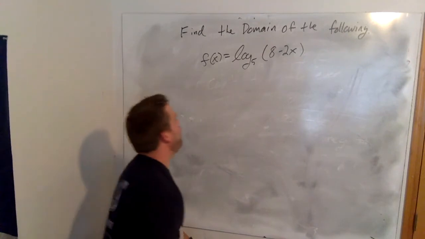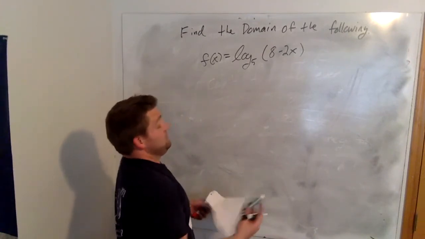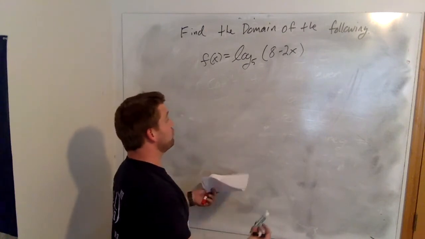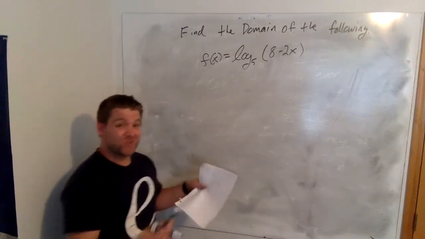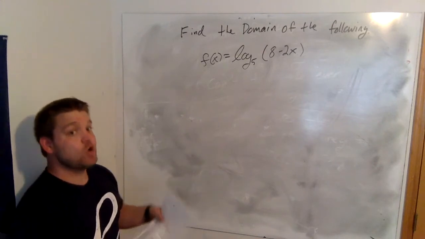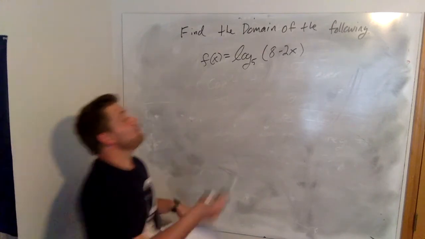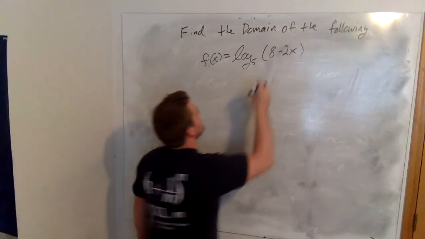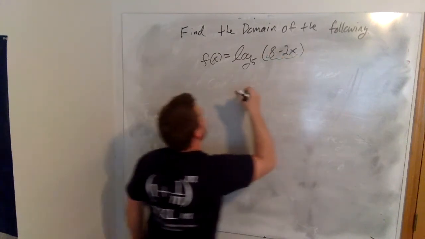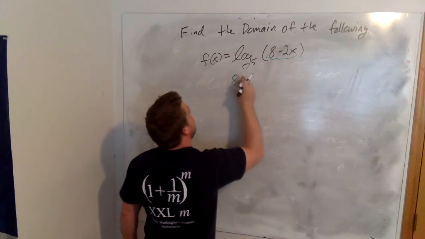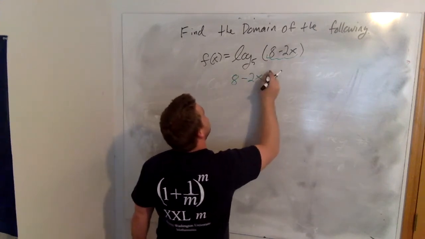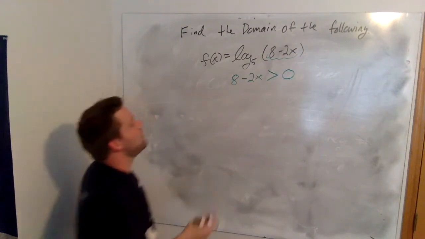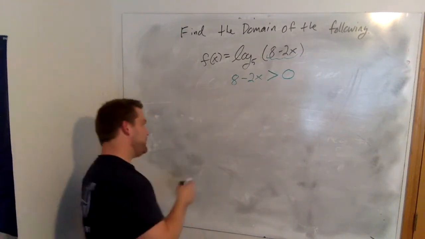What do we need to be true here to find the domain? Well, the third rule says that we can't take the logarithm of a negative number or 0, so whatever's inside of the logarithm has to be strictly bigger than 0. So here we need 8 minus 2x to be strictly bigger than 0. Remember, we can't take the logarithm of 0. So we can solve this.